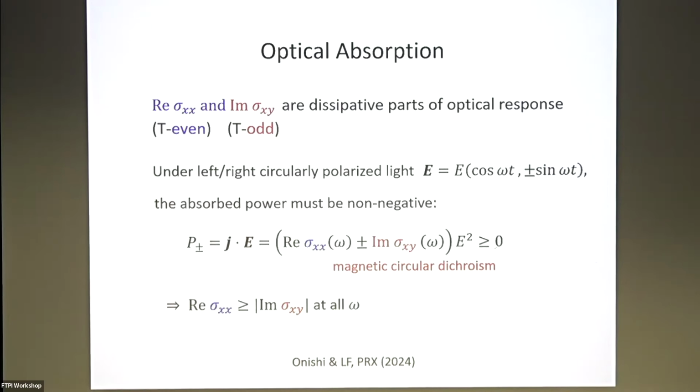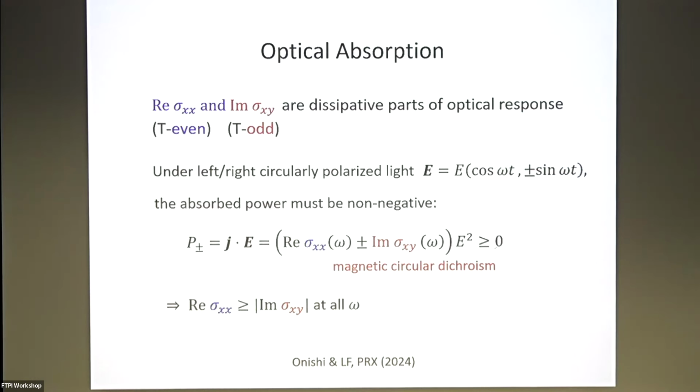Now let's talk about two-dimensional systems, which may have a finite Hall conductivity, sigma xy. And let's consider the real part of sigma xx and the imaginary part of sigma xy. These are the dissipative parts of the optical response, time-reversal even and time-reversal odd, respectively.